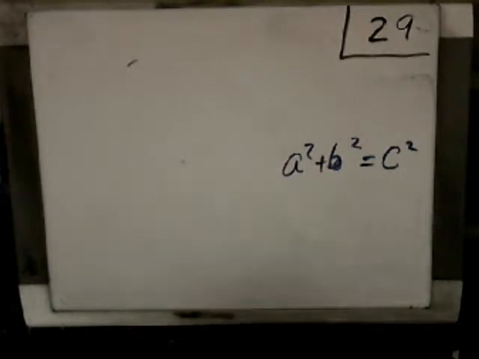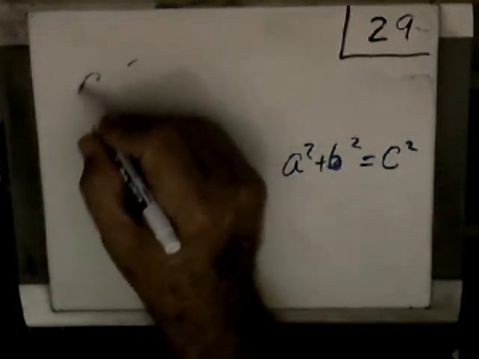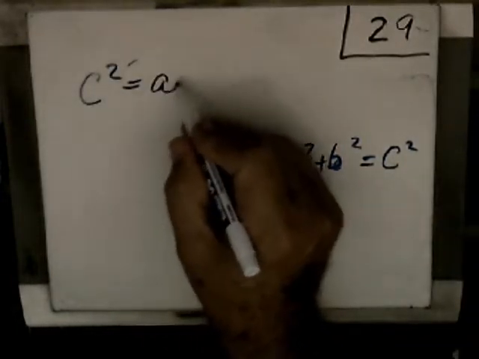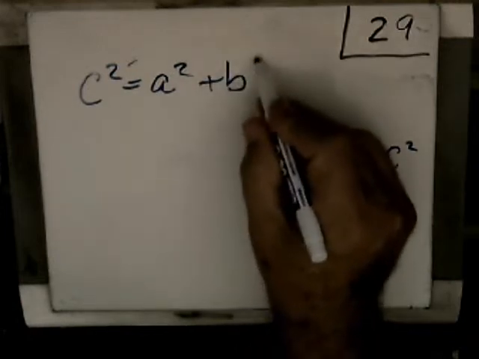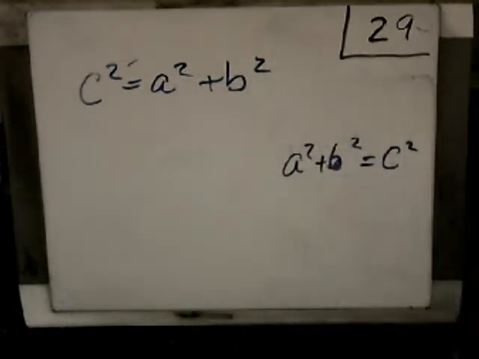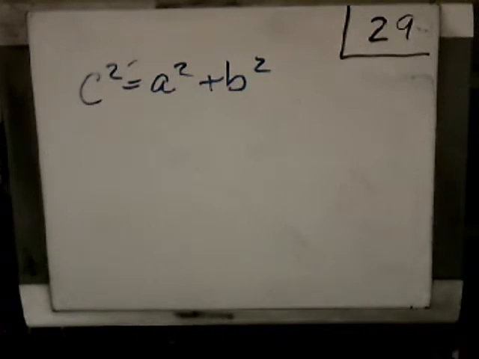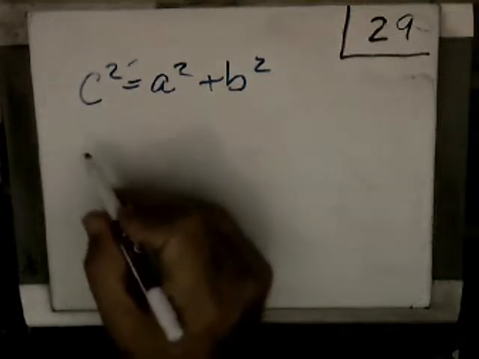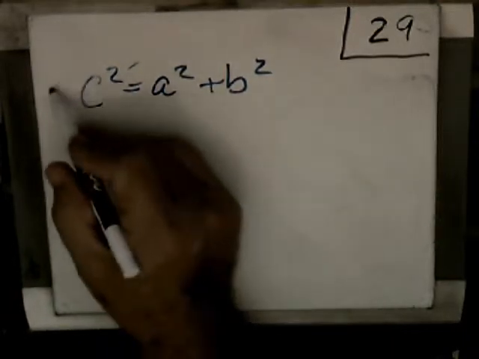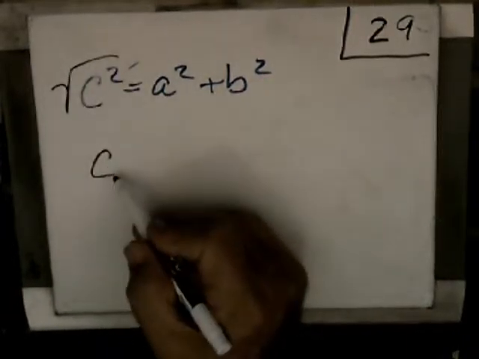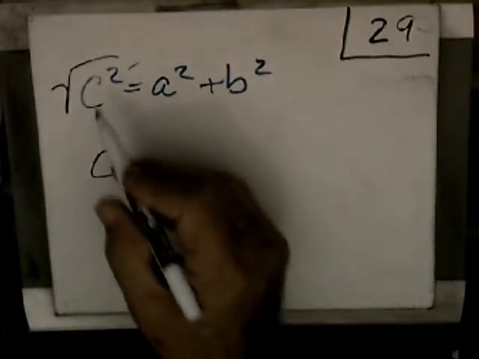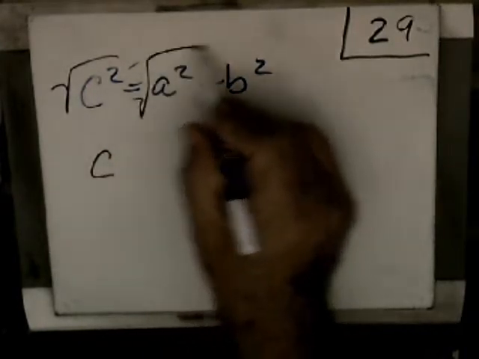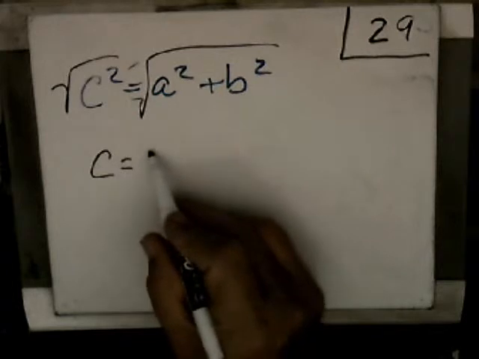Well, if I just wanted to, I could reverse this and say C squared equals A squared plus B squared. The only thing I've done is turn this around and write it the other way. And this is quite often the way you will see it. What if I only wanted to know C? Well, I'd have to take the square root of C squared to get C. So if I do that, I have to do the same thing to the other side.